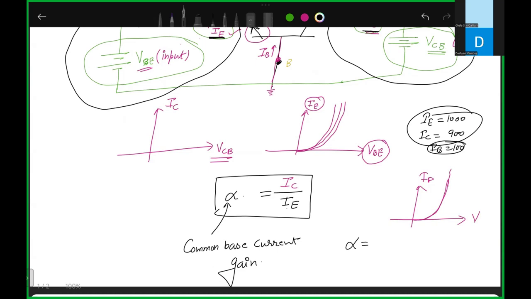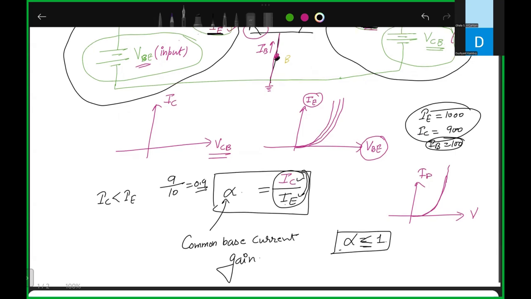So basically, IC is always less than IE, or not? Yes, IC is less than IE. Very good. So it means this value is always less than 1, or not? Because the numerator is less than the denominator. If you take an example, 9 divided by 10, that means 0.9. That is less than 1, or not? Yes. So remember, the alpha value is always less than or equal to 1.